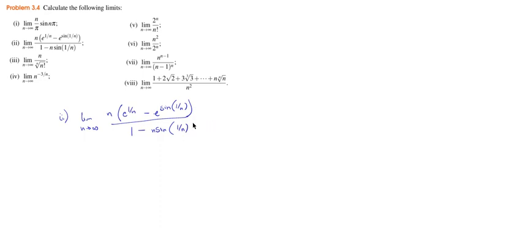Let's see, the denominator is going to 1 minus n times sine of 1 over n: 1 over n is going to 0, so the sine of 1 over n is also going to 0, and n is going to infinity, so this is infinity times 0, in the numerator and again in the denominator. So this is an indetermination on so many levels.